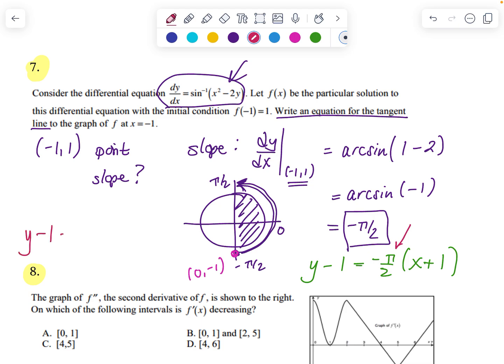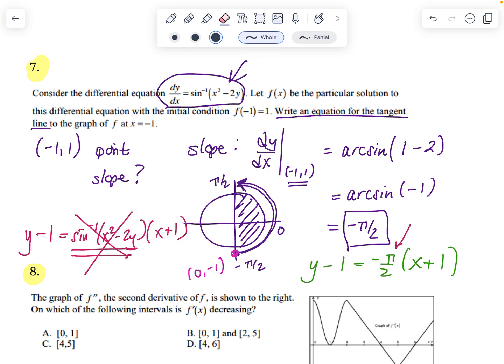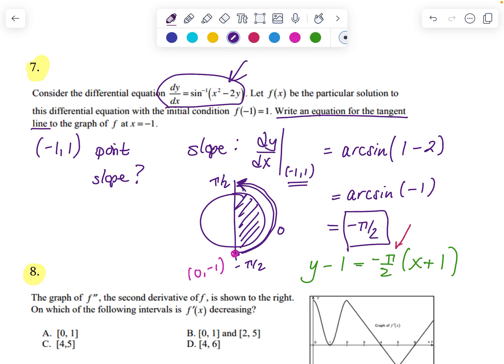This is full on wrong, you guys. Full on wrong. This is not a constant slope. That's an equation for the derivative at different locations, okay? So if you're being asked to write the equation of a tangent line, that's not it. That's not it at all, friends, okay? Because a line has to have a constant slope.